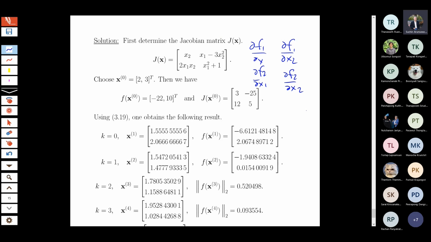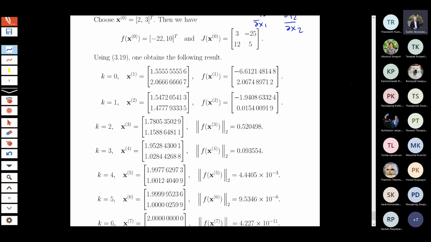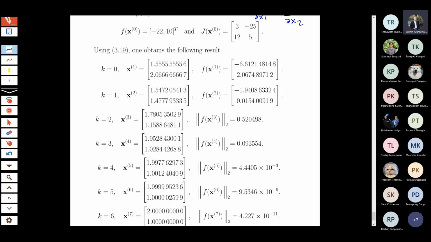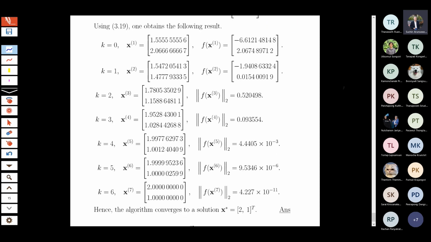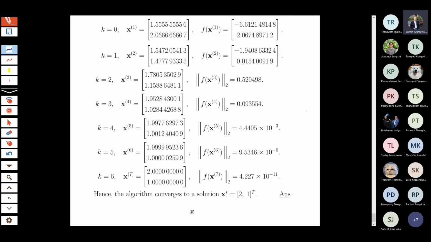So here we have f(x0) and the Jacobian of x0. Then we perform the Newton iterations, the first iteration, the second iteration, and so on. In the slide, you can see the convergence from the two norm of f(x_{k+1}).